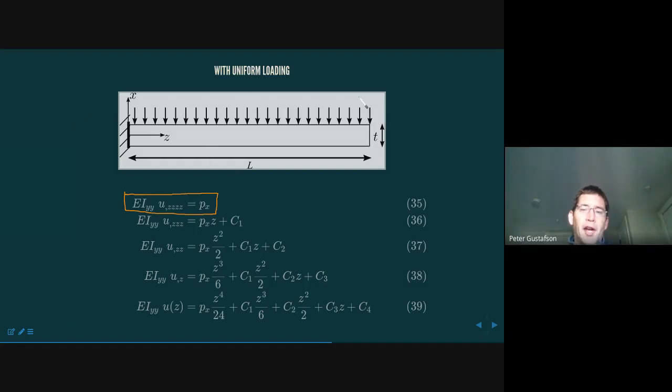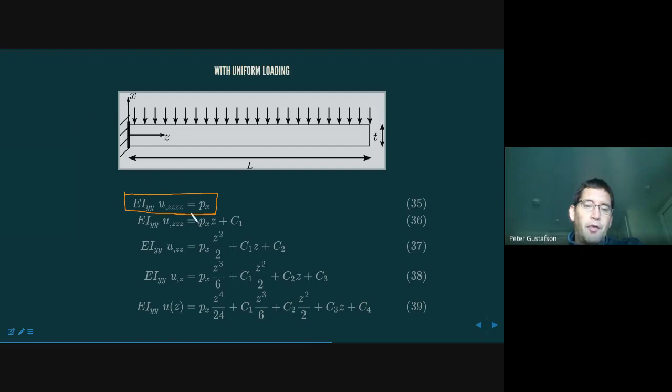Again, looking at the diagram, I may at some point in the future give you a distributed load that's not constant, but according to the diagram, it's reasonable to say, hey, that looks a lot like a constant load, so now the right-hand side is a constant.